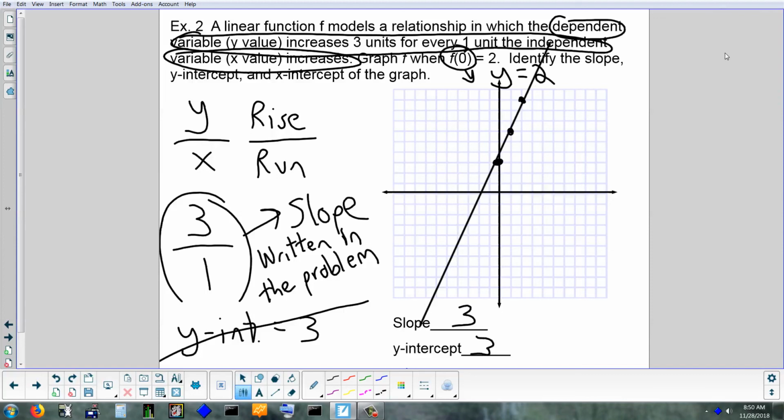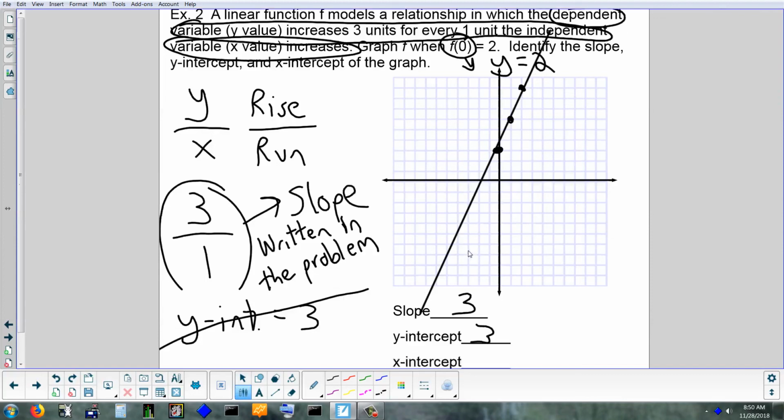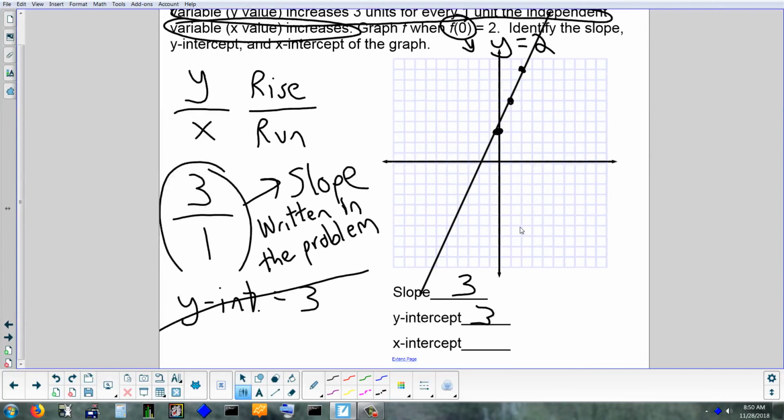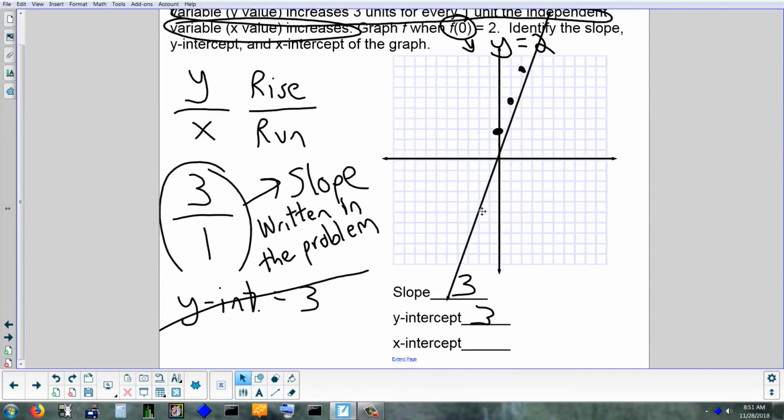So again, that's just a different way of doing it, right? It's written out kind of like in function notation, all right? So again, it may just give you the y-intercept, or if it's written like this, just know this number right here, whatever the f equals, it's going to be your y-intercept. Either way works, all right?